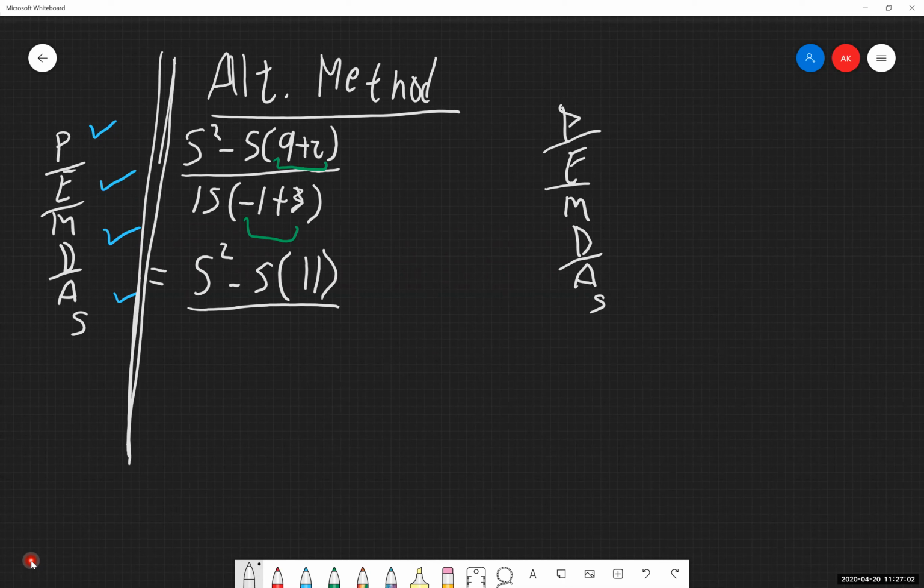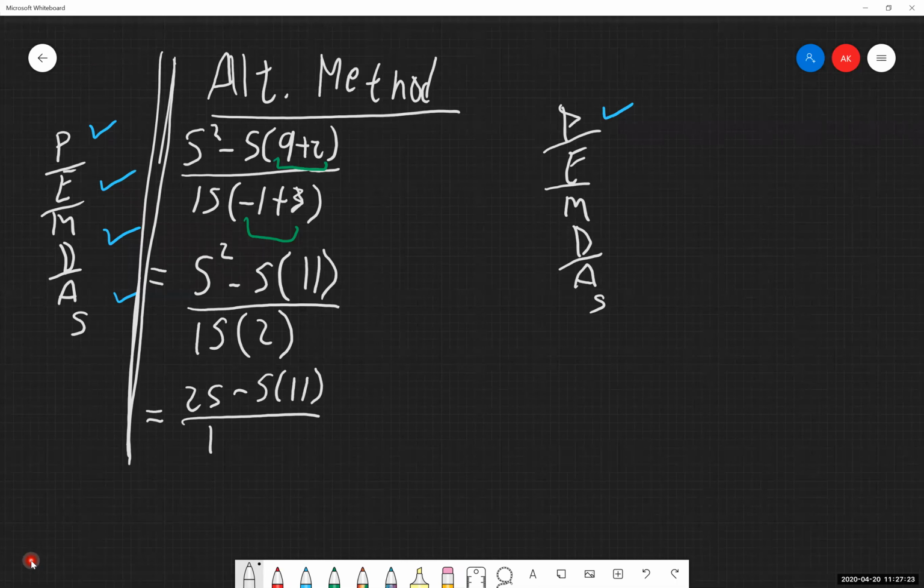And then we have 15 times 2. So my parentheses are now done. Working with exponents, I have 5 squared. It's going to give me 25. My exponents are done.